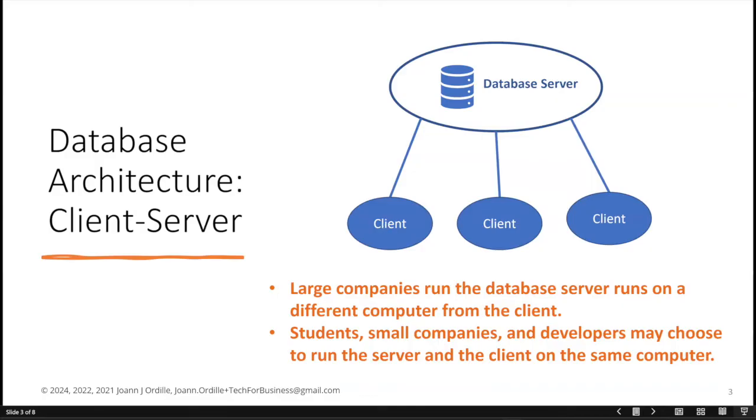This means that each client can run on the laptop of the user who's using it. And the database server then is somewhere off in the network in a different place. This is typically the way that large companies run their database systems.